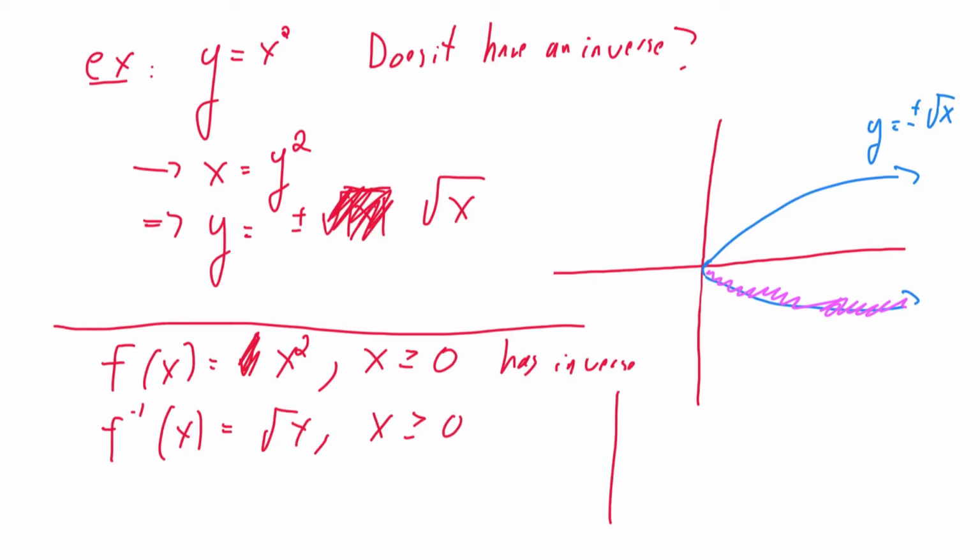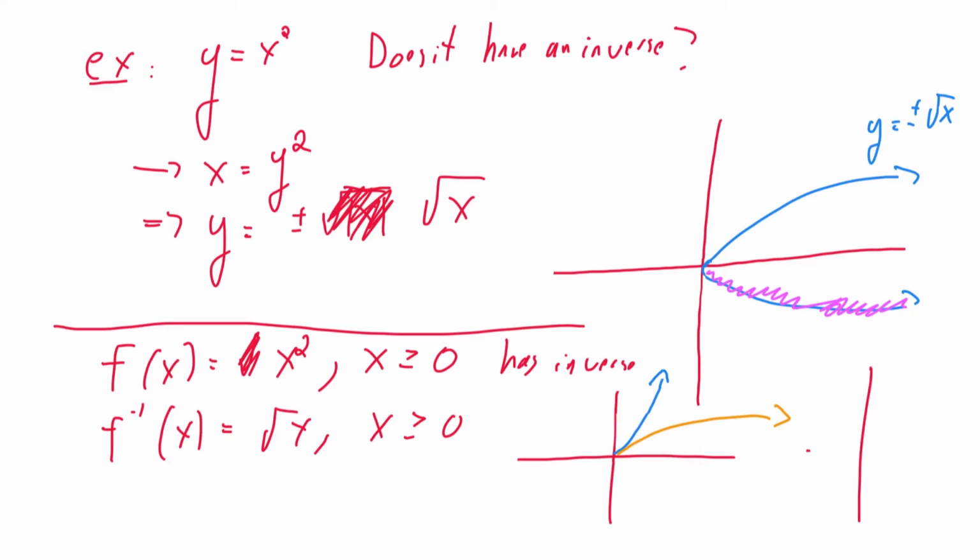So in this case, the picture is something like this. So here's f, and then here is its inverse function. So when I restrict the domain of x squared, I am able to get an inverse. Otherwise, I fail the horizontal line test.